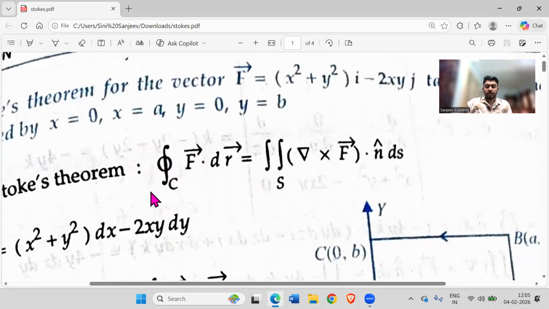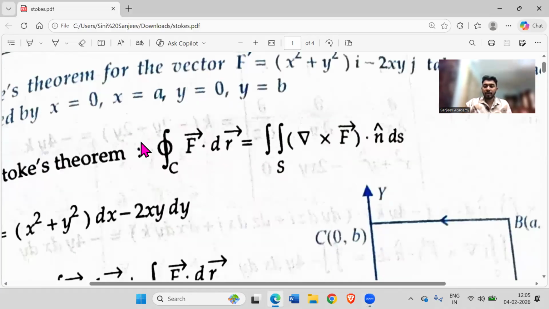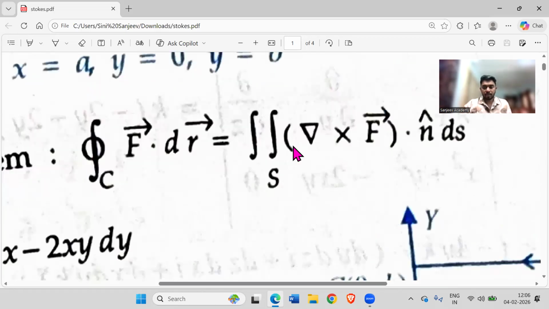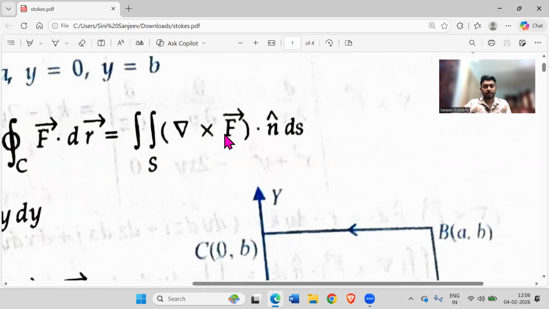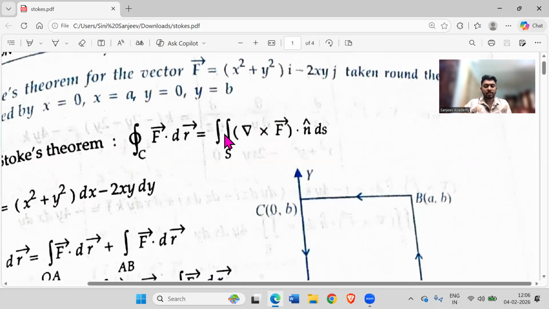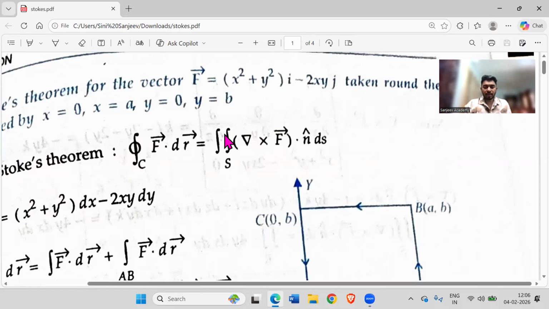This is where the most problem is, evaluating the integral of f dot dr. So my suggestion is always start from the RHS. Only do this double integral del cross f, which means the curl. Stokes theorem is generally for a closed surface, like a rectangle, square, and so on.